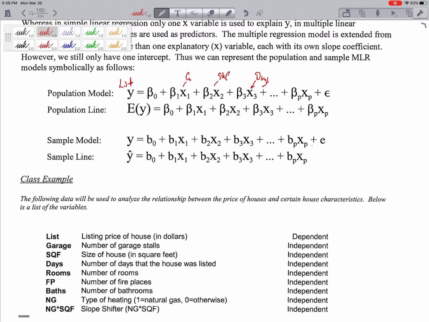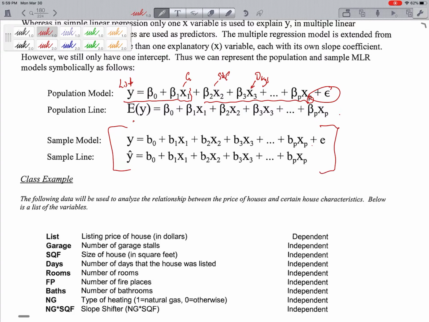But this very top one is the population regression model. This is about where we ended with the simple linear regression model, plus the error, the epsilon. But we've got more than one x variable, so there's actually a slope for each x variable, all the way up to p variables. The population regression line is shown by the next one, without the error.